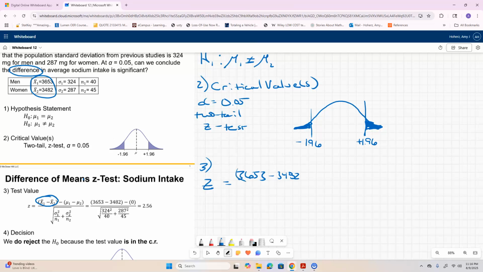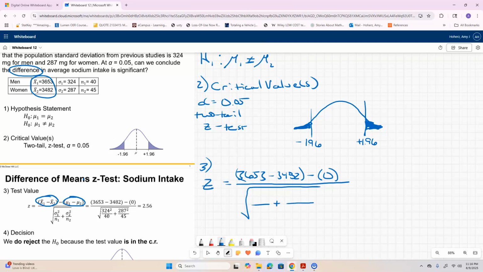Then again, we had the assumption that the mu1 and the mu2 were the same. So that mu1 minus mu2 being the same means that if we subtracted them, we would get 0. And then on the bottom, we're going to have everything under the square root bar. And we have sigma 1 squared and sigma 2 squared on the top.